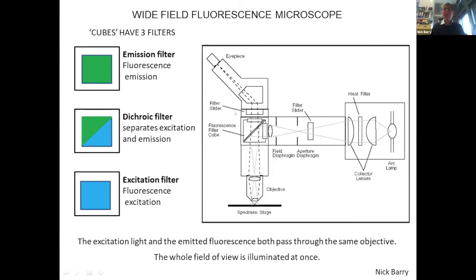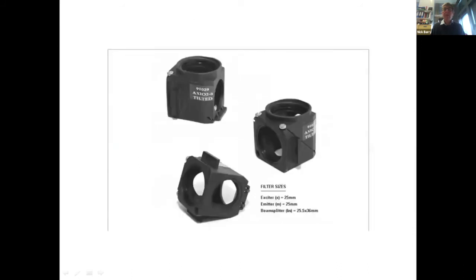An excitation filter at the back here, which separates out, say, blue light for excitation of GFP, the dichroic, which separates the 2 different colors, and then an emission filter, which blocks out everything except the green light getting to the eyeball. Those are in little cubes, and then you have a turret full of these cubes, and they rotate round, often on a motor, so you can see lots of different colors on your sample. And each of those colors is some specific target, and that's the important part. It's the specificity of targeting.